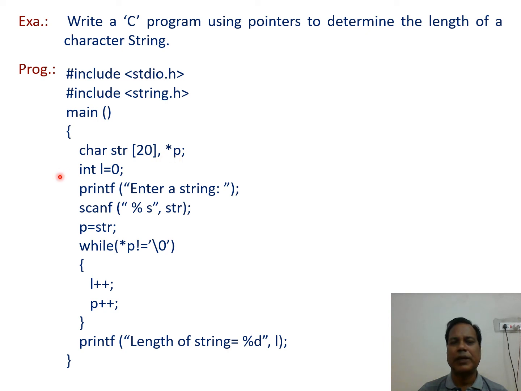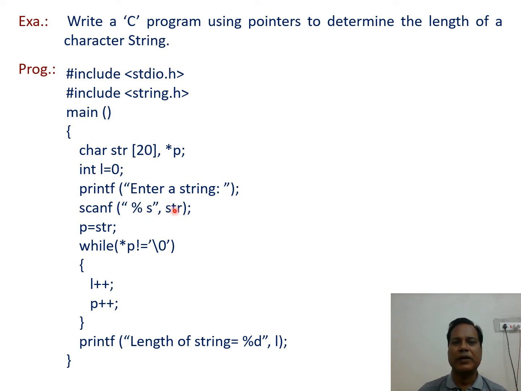The next statement declares integer variable i, and its value is initialized to 0. The printf statement prints "Enter a string:" on the output screen, where the user enters the string, which is taken in by the scanf function and is stored in the memory location pointed to by str.